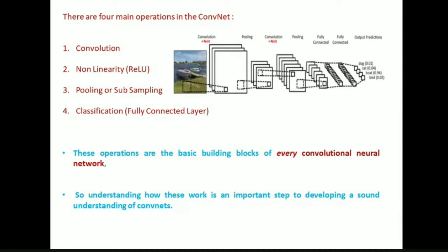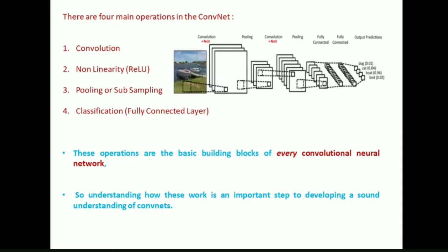Whatever convolutional neural network you take, whatever variations we take, these are the basic building blocks of every convolutional neural network. If we clearly understand these 4 different operations, then we can understand the other types of convolutional neural networks also.